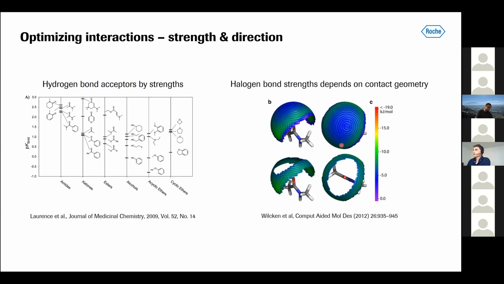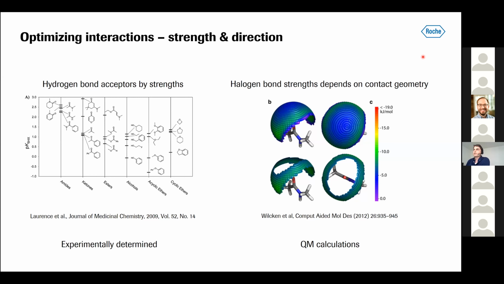If you make a halogen bond, the strongest interaction energy is if you follow this green part of the sphere around the oxygen, carbonyl oxygen. Now, these are experimental, and so this information can be determined either experimentally or through QM calculations, for example.